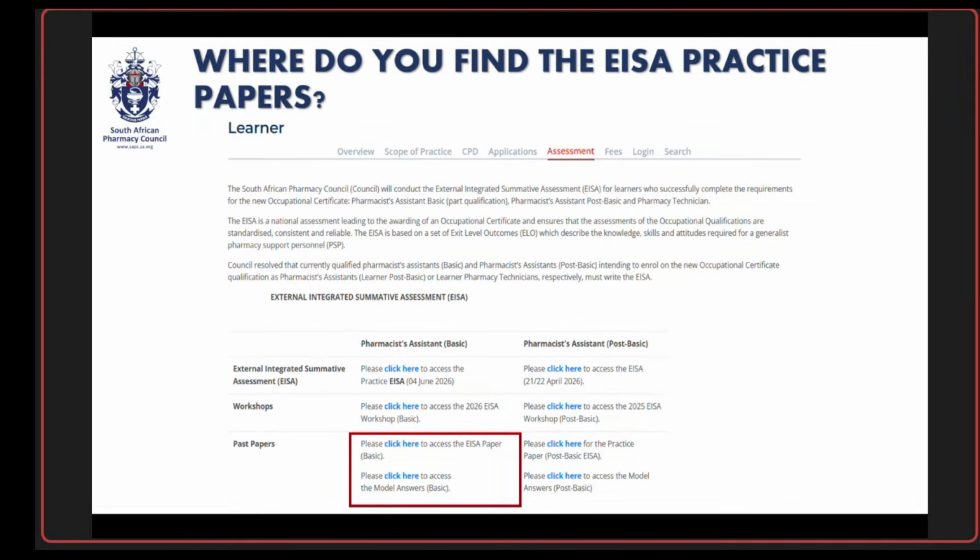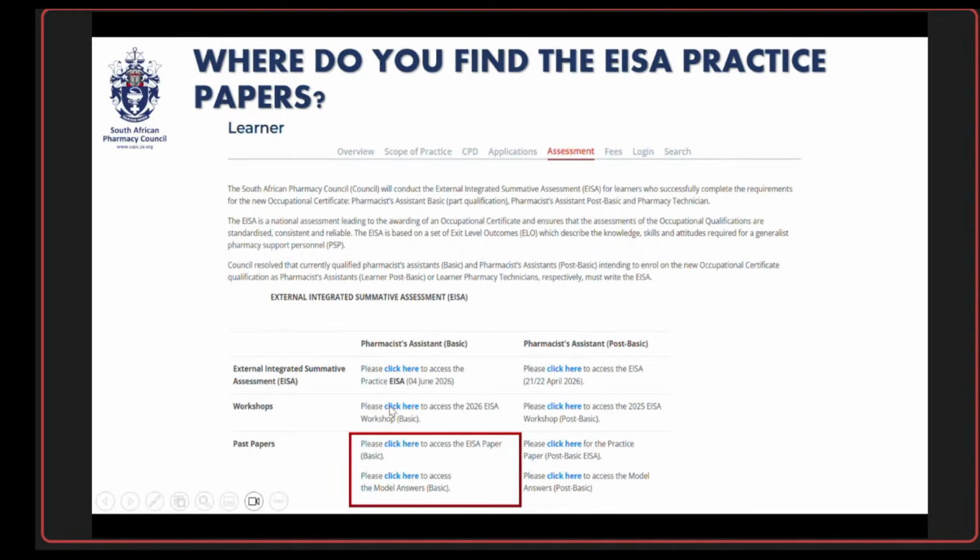You should be able to access the past papers as well from the website. And once you have gone through the past paper and tried to answer, you can also look at the model answer, which are also available on the website. You'll also be able to access the workshop, like today's workshop will be uploaded on the website after today.